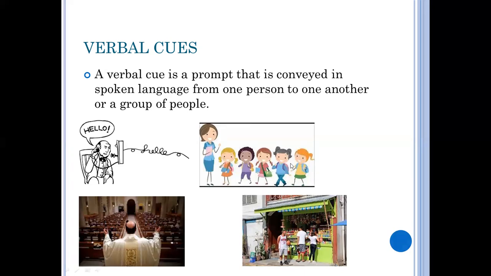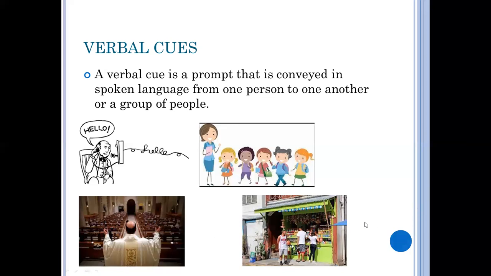The teacher is expecting her students to respond actively if he or she is asking a question. Also, during a mass or a religious activity, we respond to the preacher or the pastor or the priest actively because what he or she is saying is a verbal cue.